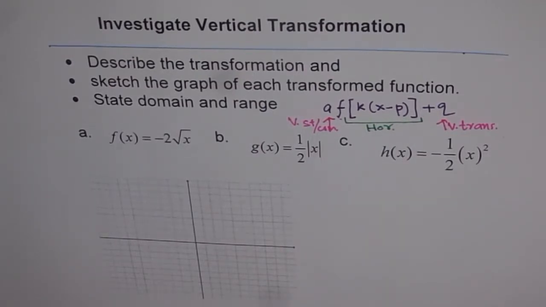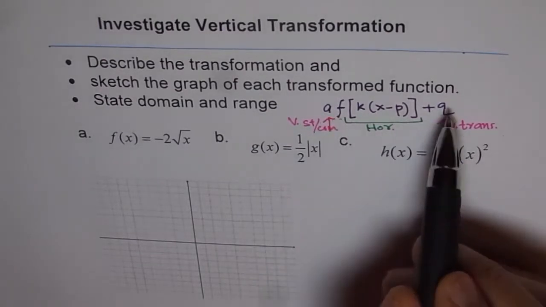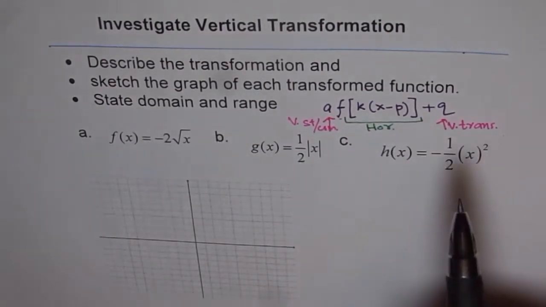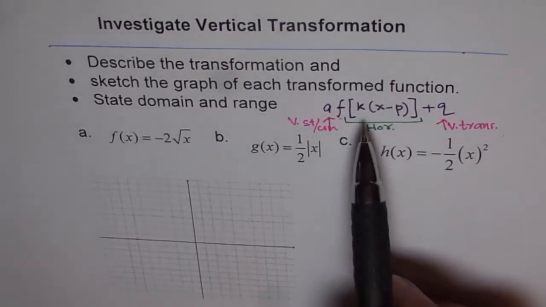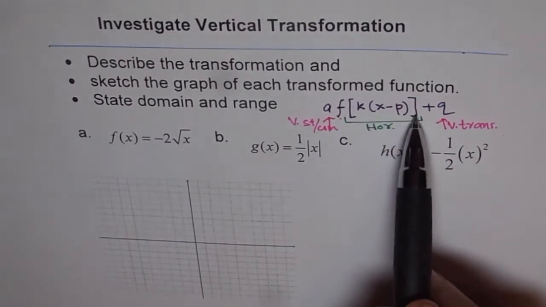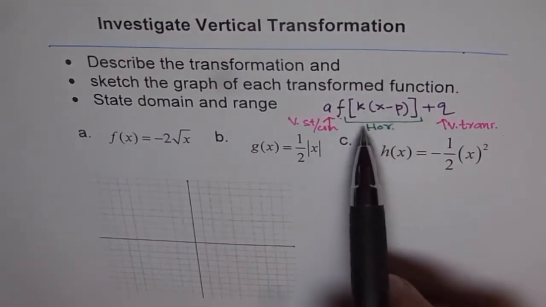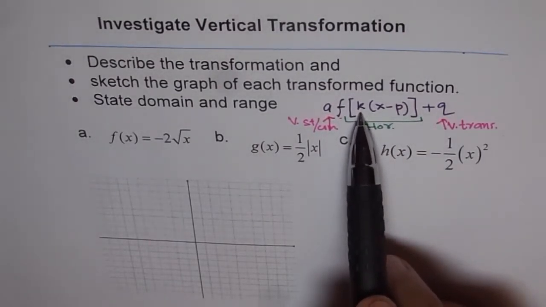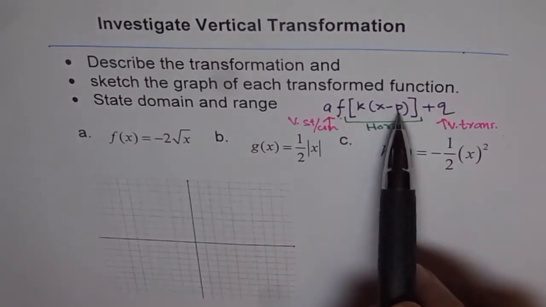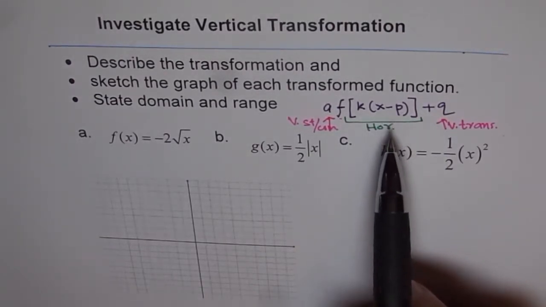Then when we are talking about investigate vertical transformations, what are we really looking at? We are looking at things outside the main function. When we talk about horizontal transformations, we'll be looking into factors inside, k and this p. K will be horizontal stretch or compression, and p will be horizontal translation, left or right.